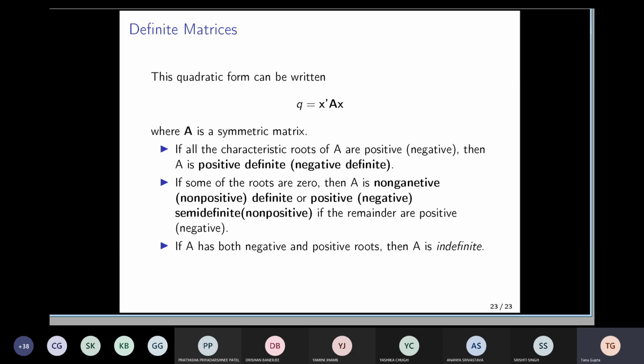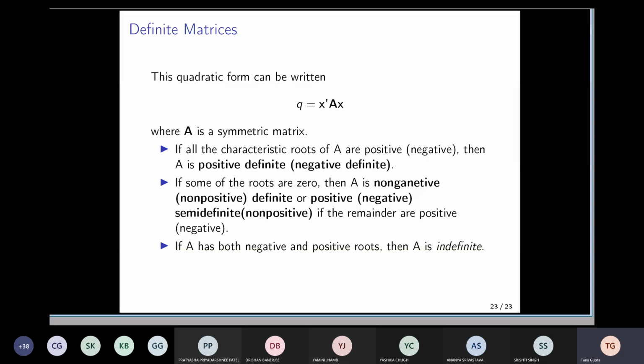Here I'm just going to draw attention to how the characteristic roots, I mean the eigenvalues, and the definiteness of a matrix are related to each other. I don't know if this is going to be useful or not, but just for the sake of completeness, because we have talked a little bit about the quadratic forms and we have talked about the eigenvalues. So just for the sake of completeness, this is important: how the characteristic roots and the definiteness of a matrix are related to each other.